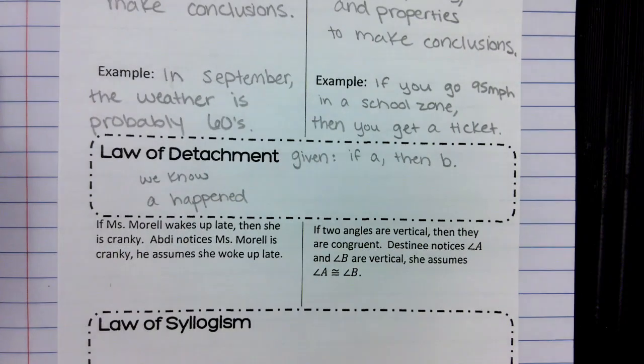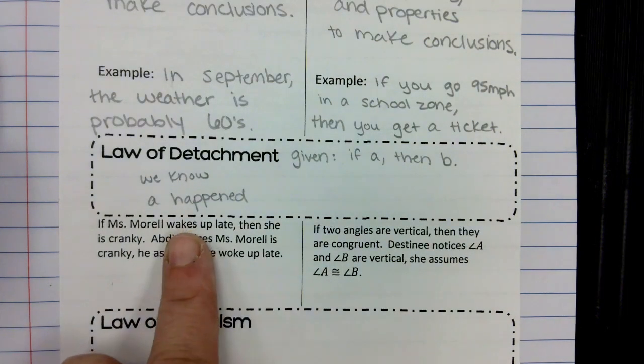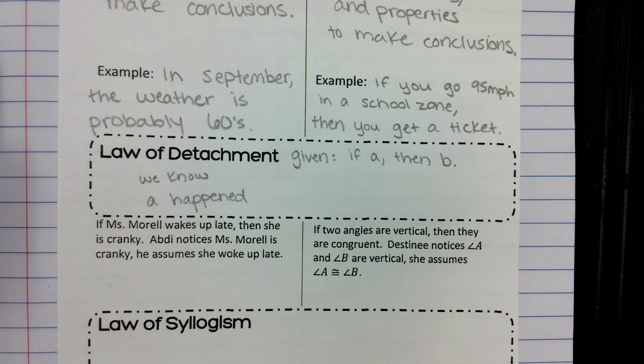Okay, we're 5 minutes into class, and you noticed everyone came to class on time. What do you assume? You get a Jolly Rancher, right? Has it happened yet? No. But you would assume that. So if A happened, that's going to lead us to conclude that B will happen or that B already happened.